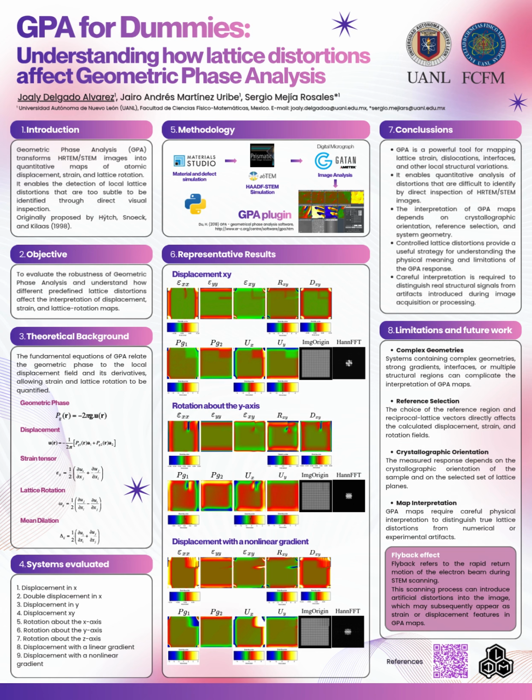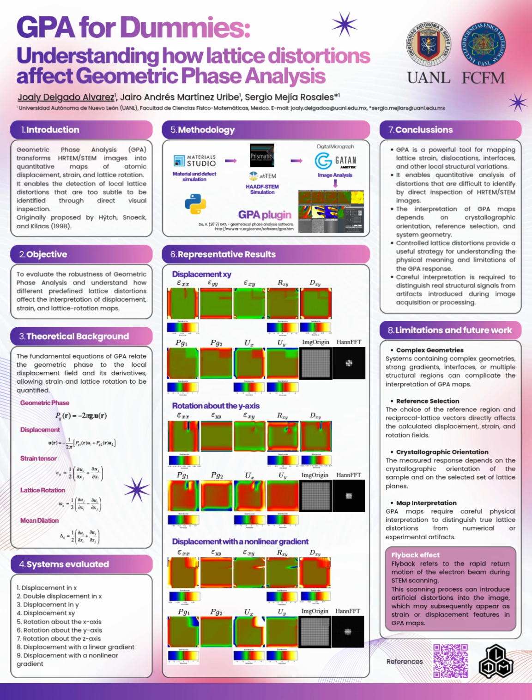We also include 2 geometric phase maps, the reconstructed displacement components ux and uy, the original simulated image, and its Fourier transform. For the combined displacement in x and y, the GPA maps detect changes in both displacement components.